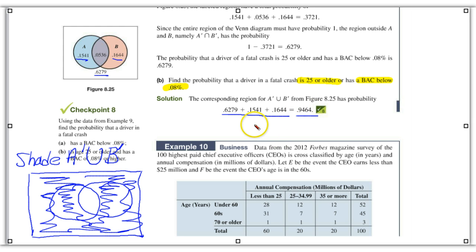Or another way of doing it, we could have gone 1 minus our intersection, and it comes out to the same answer. Again, you have a lot on your plate and you're wondering what method to use. I happen to remember this.